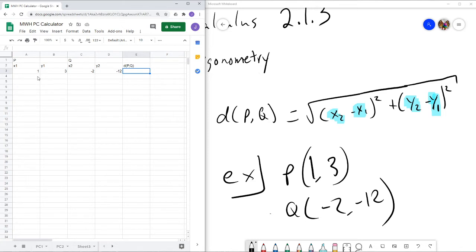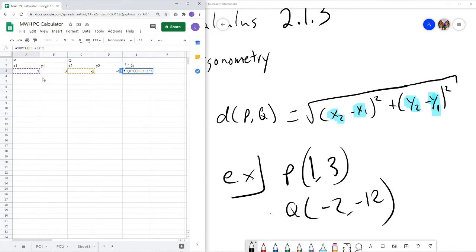So, we need to hit equals. Now we're in the equation editor. And I'm going to type SQRT for square root, or you can just click right here, doesn't matter. So now we have square root. Now I need x2, so right here, x2. So I got my x2, and we need to put a parenthesis here. So x2 minus, I'm gonna click right here, there's my x1, and parentheses, that quantity has to be squared.